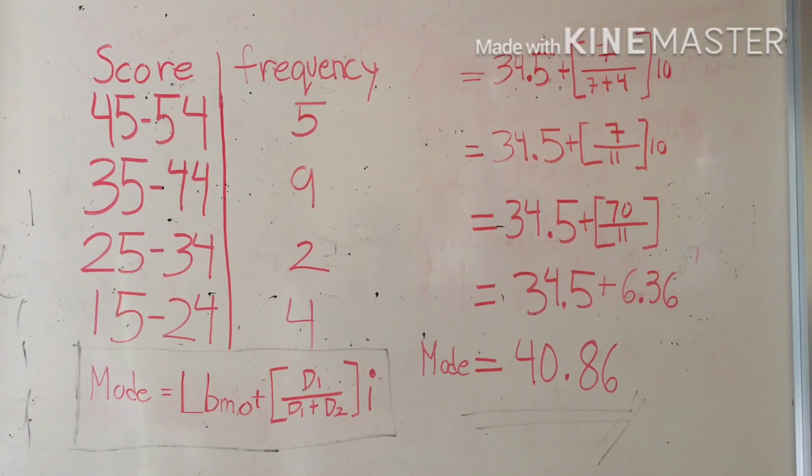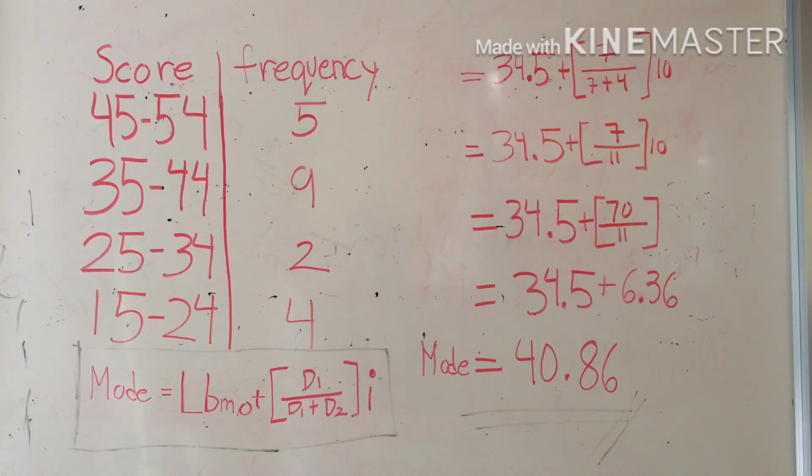So the first thing that I did after substituting is I add the 7 plus 4 in the inner bracket. So 7 plus 4 is equal to 11. And after that, I multiply our class width to the 7, which is in the inner bracket, to become 70.